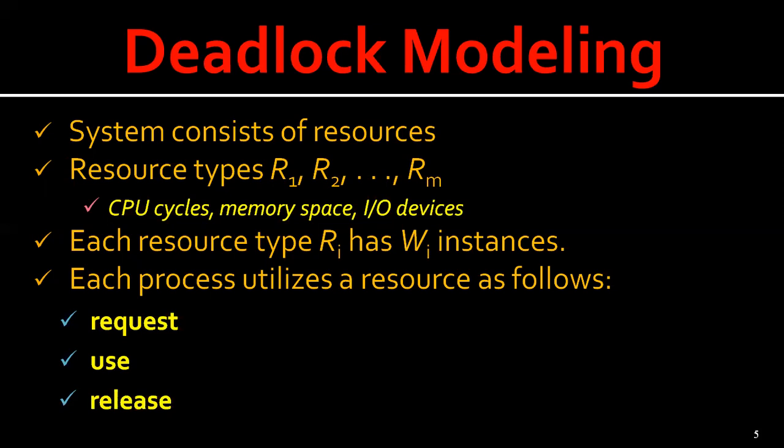So, if a process requests an instance of a resource type, the allocation of any instance of that type will satisfy the request. If it will not, then the instances are not identical, or the resource type class has not been defined properly.